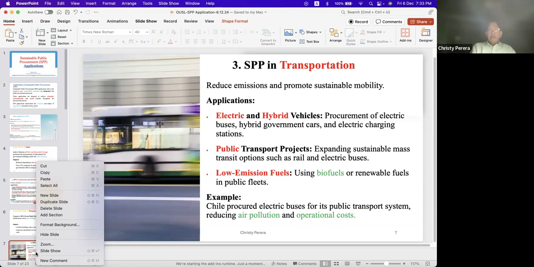You can take the application. What are the applications that we are talking about? Electric and hybrid vehicles. I'm not going to explain all of that. Public transport projects, that you also know. The public buses, the passenger transport system. Oh my God, think about the armed forces. How many cars and vehicles are going on the road every day, every minute, every hour?